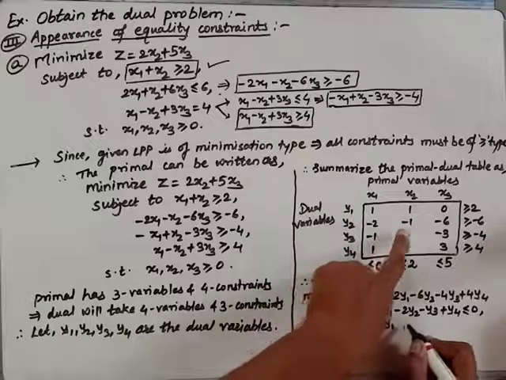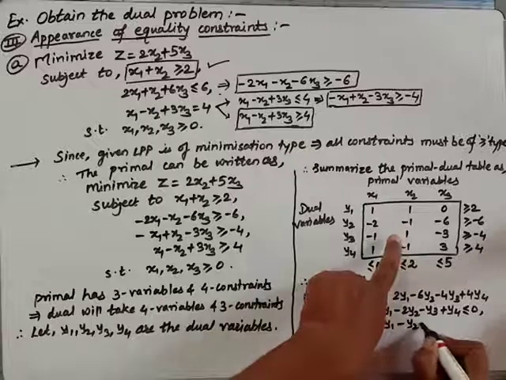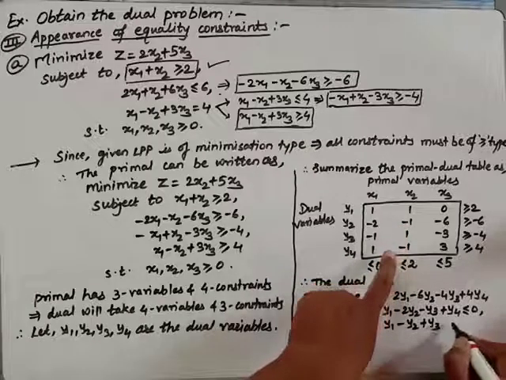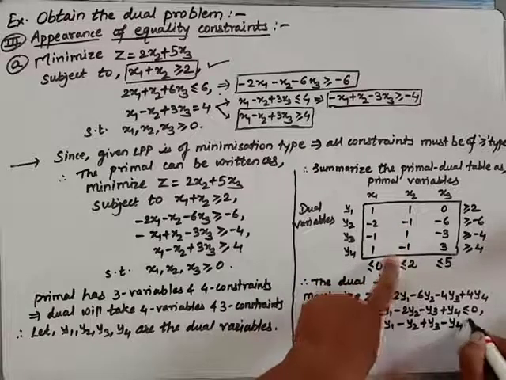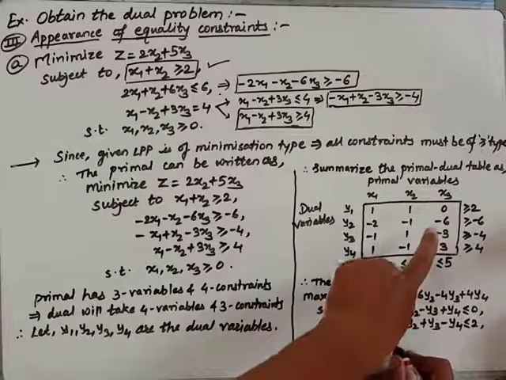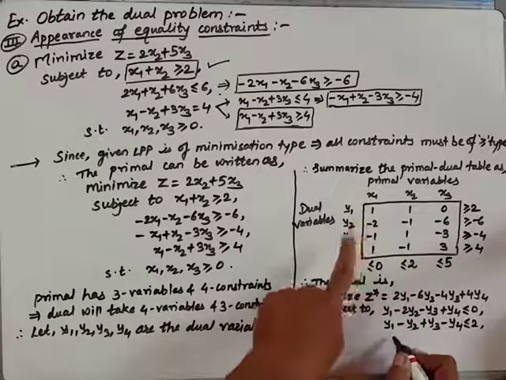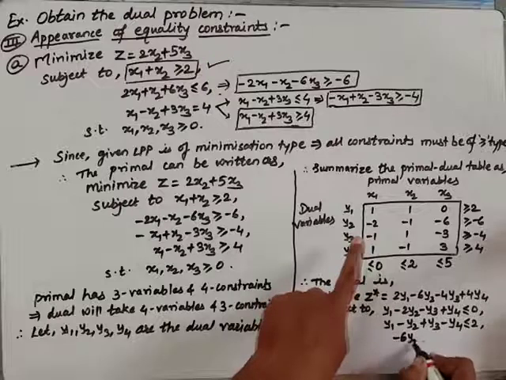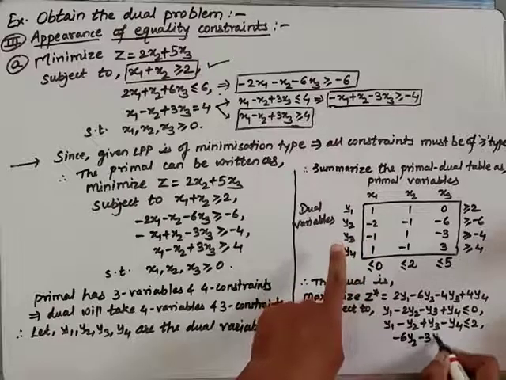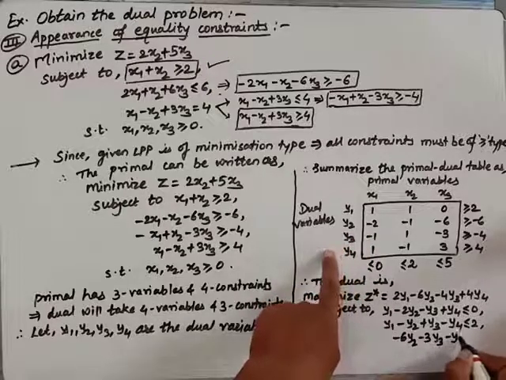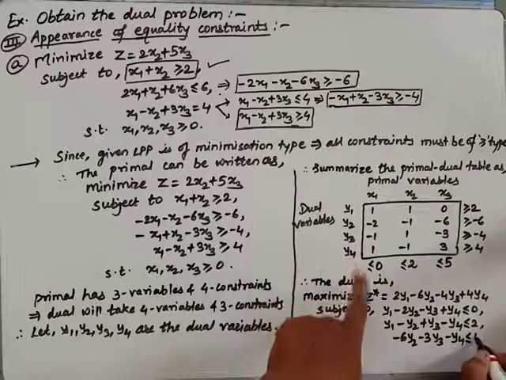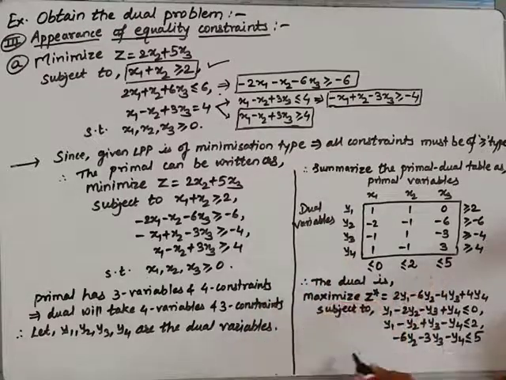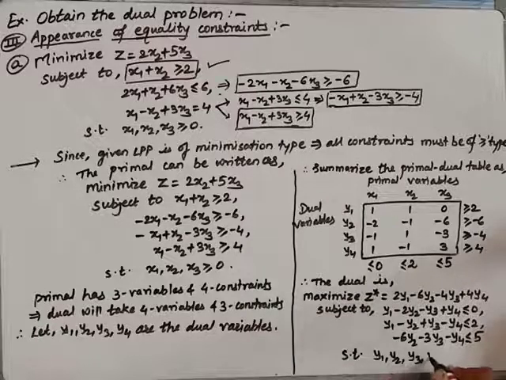Now y1 minus y2 plus y3 minus y4 less equal 2. Then this is 0, so minus 6y2 minus 3y3 plus 3y4 less equal 5. Such that y1, y2, y3, y4 greater equal 0.